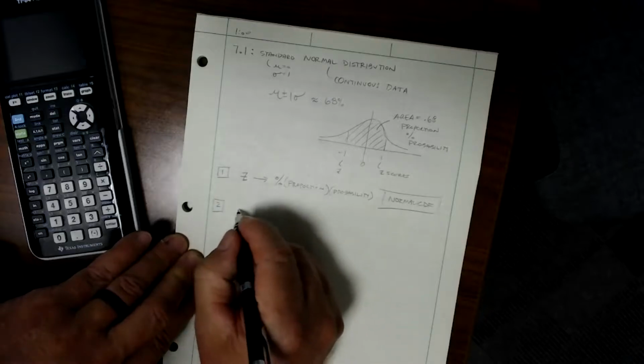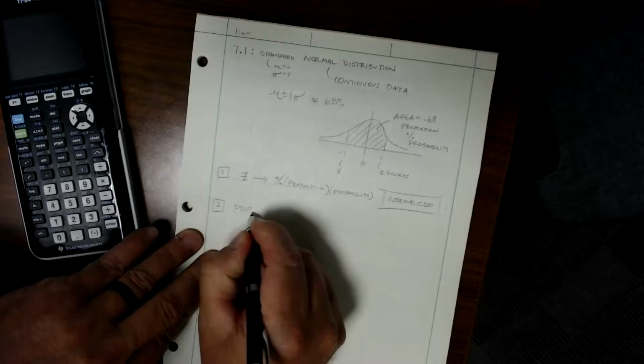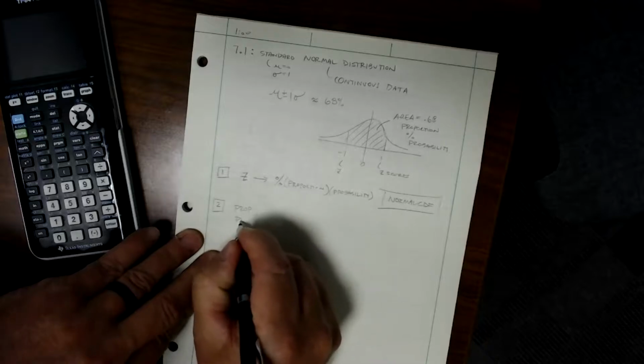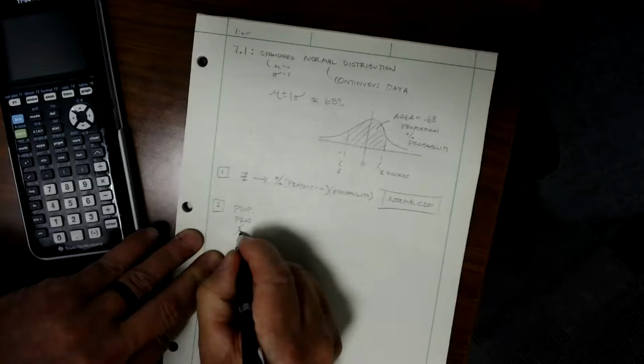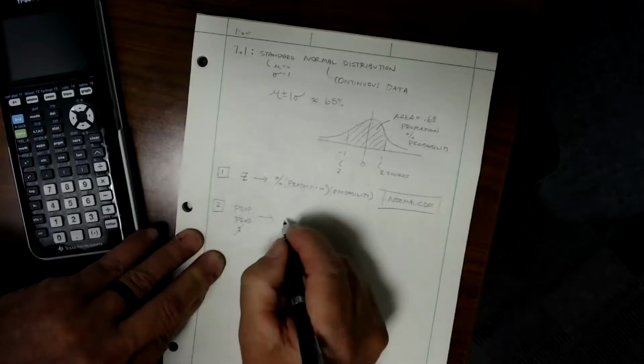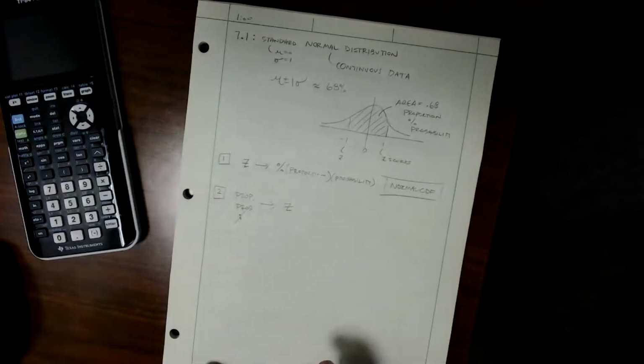What if I actually have the proportion of people or the probability or the percent of people? What if I have that, but I actually want to work backwards and get a z-score out of it? What would that look like?